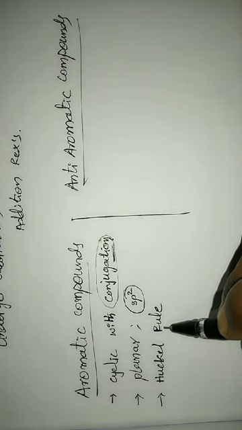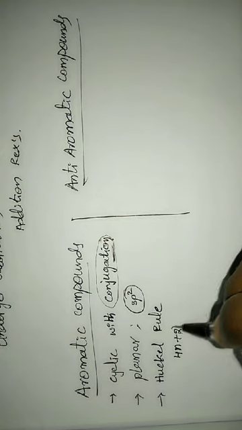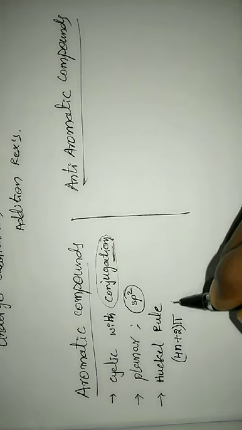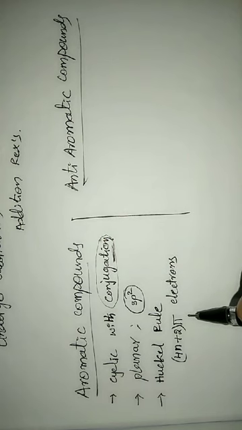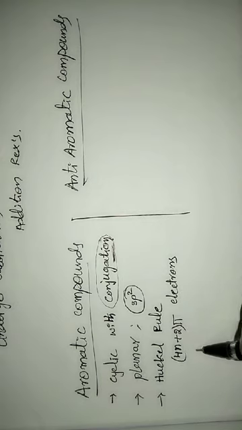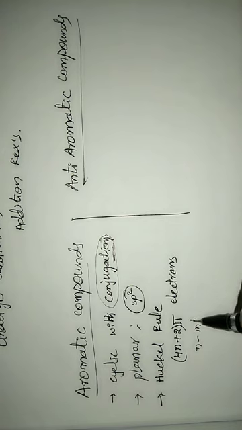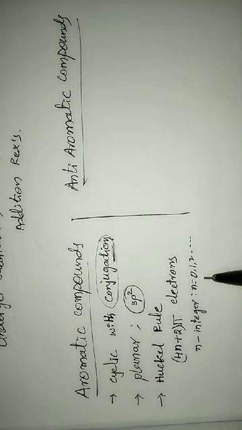Huckel rule means that the molecule should contain 4n plus 2 pi electrons, where n is an integer: n equals 0, 1, 2 and so on.